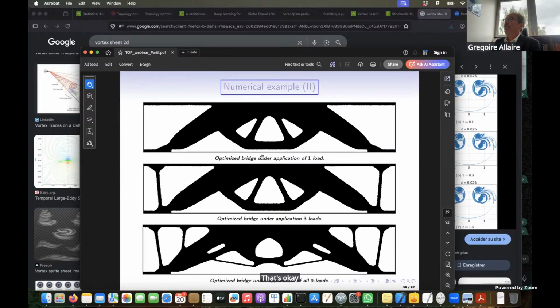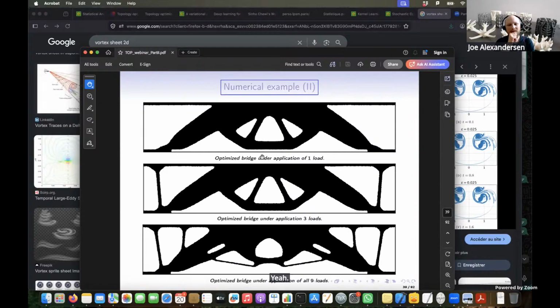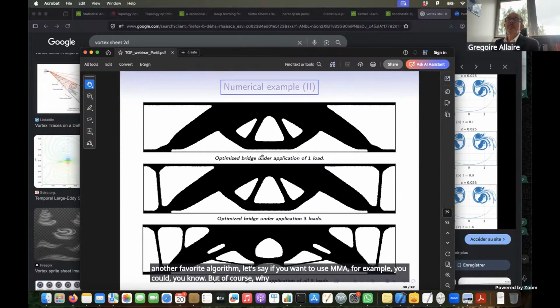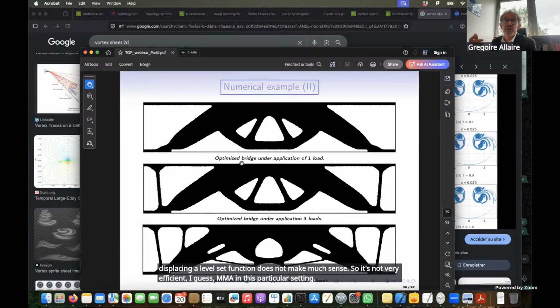If you have another favorite algorithm, let's say if you want to use MMA, for example, you could. But of course, why we are not using MMA is that MMA is really very well adapted for density methods. But the upper and lower bound for displacing a level set function does not make much sense. So it's not very efficient, I guess, in this particular setting. But if you want to use it, you can.